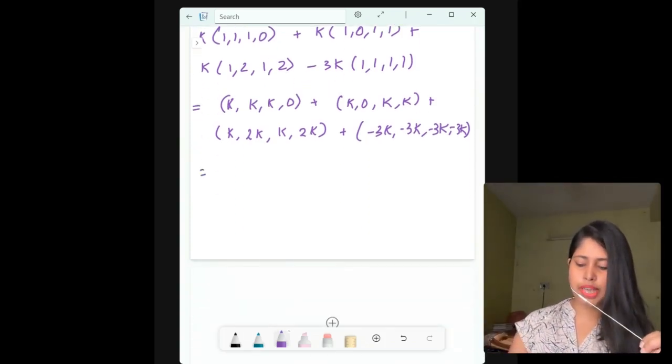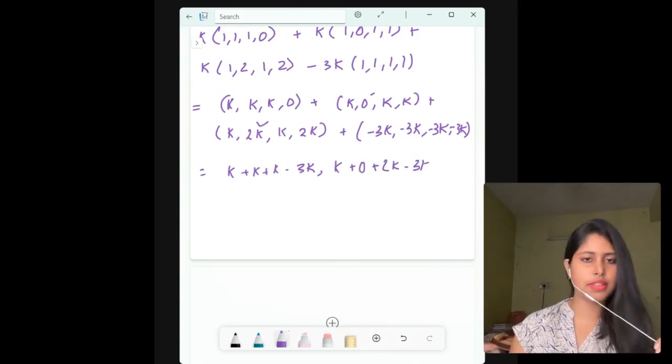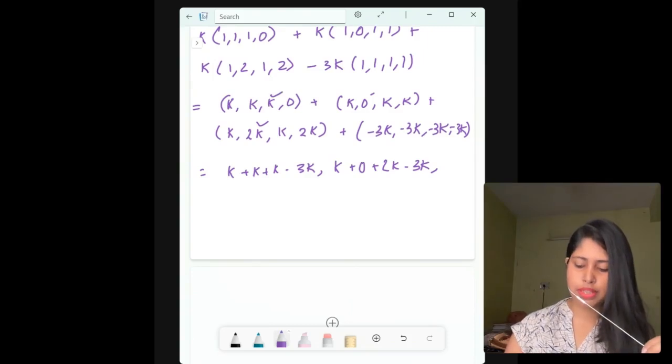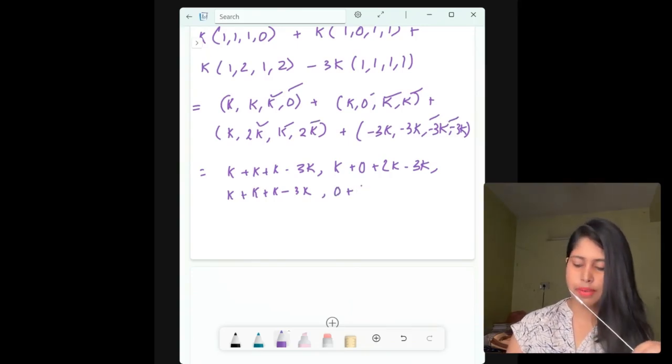Then what do we get? K plus K plus K minus 3K is the first term, then K plus 0 plus 2K minus 3K is the second term, then K plus K plus K minus 3K, and the last term is 0 plus K plus 2K minus 3K, right?